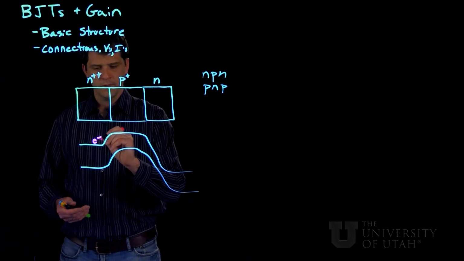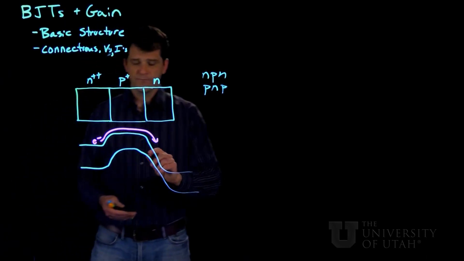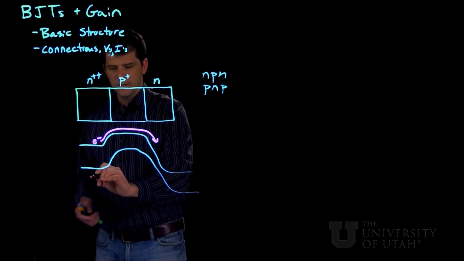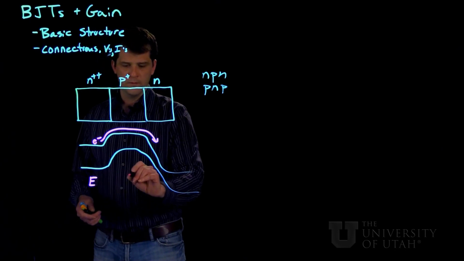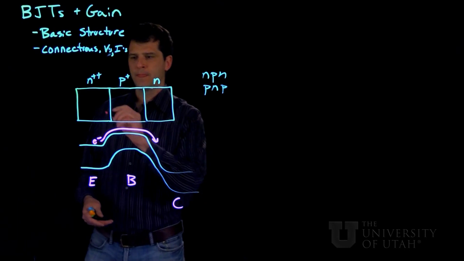So in this case, for the NPN, we'd be looking at the electron emission from the emitter through the base and being collected in the collector.